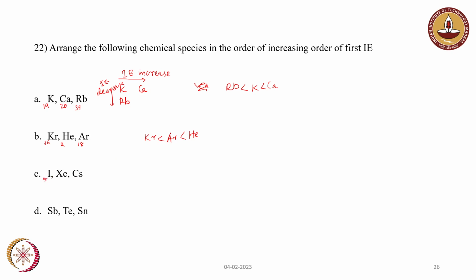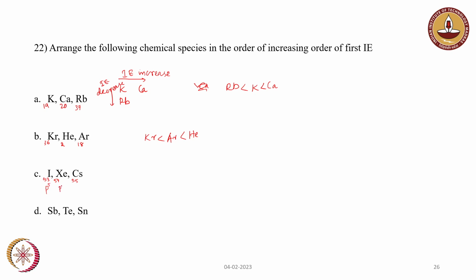And the next one is iodine, having atomic number 53, and xenon is 54, and cesium is 55. So in this one, iodine has an electronic configuration of p5.